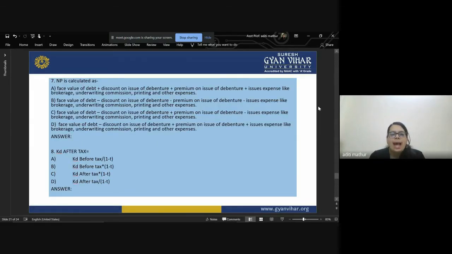Question number 7 and question number 8. Again, in question number 8, you have to identify the correct formula to calculate KD after tax, and in question number 7, you have to identify how to calculate NP.